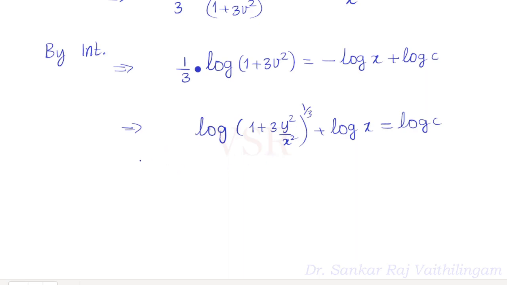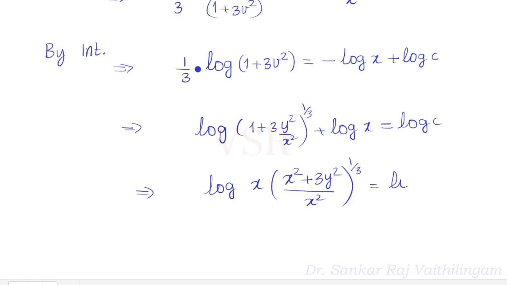அப்போ this implies that log of x into, I may have this is ((x square plus 3y square) divided by x square) the whole power 1/3. அப்புறம் அந்த x அங்க மல்டிப்ளை பண்ணிட்டோம். So which is equal to log c.